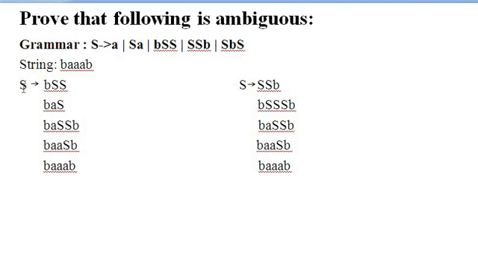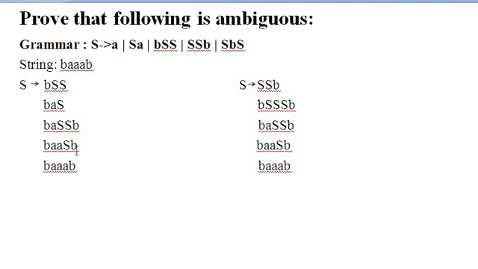So here I choose s gives bss. Next s gives a. So next is bas. This s remains as it is. This s gives a. Now from this s produce ssb. So s gives ssb. Now this s gives a.